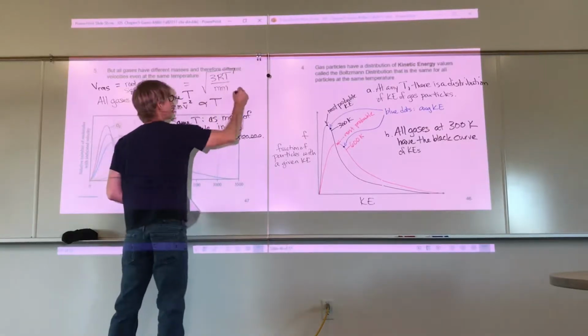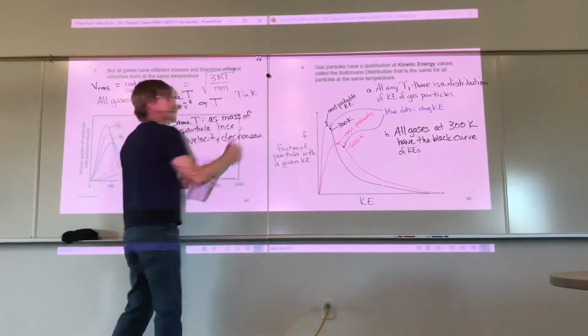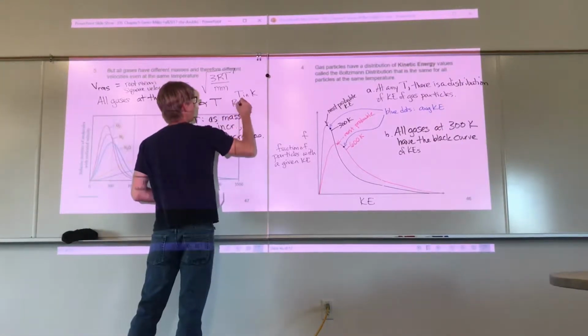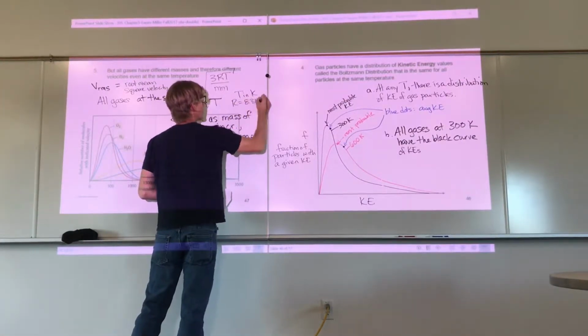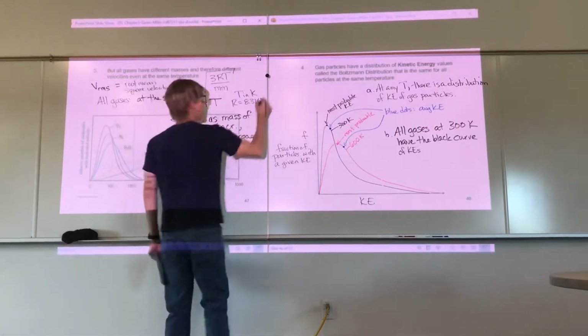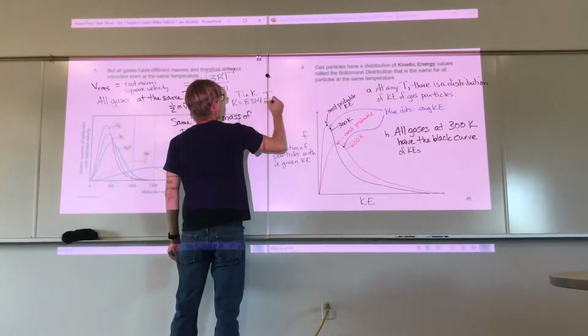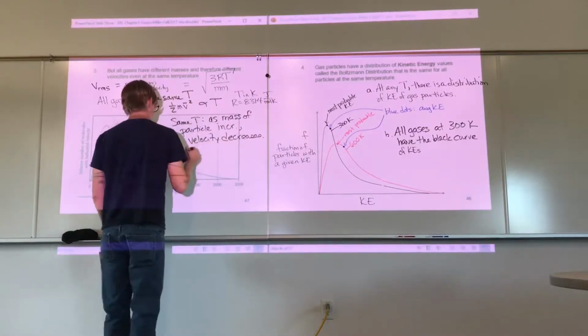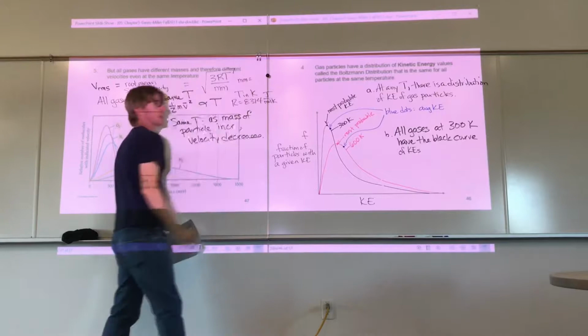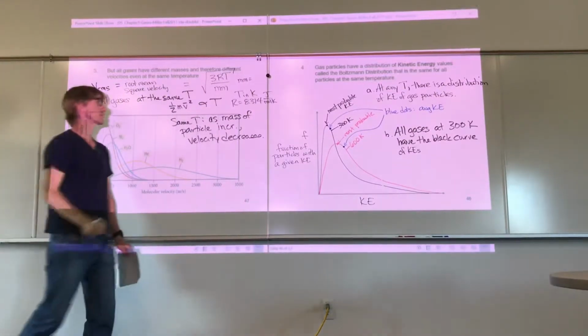T has to be in Kelvin. R has to be 8.314 joules per mole Kelvin. And MM is molar mass.